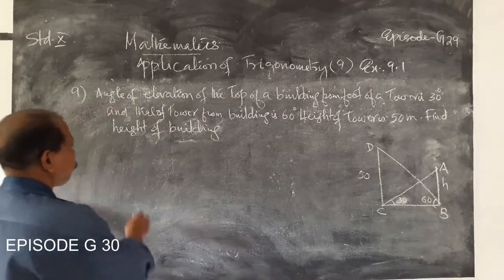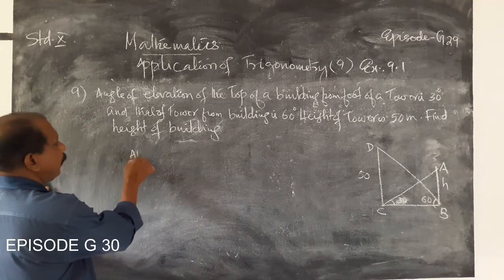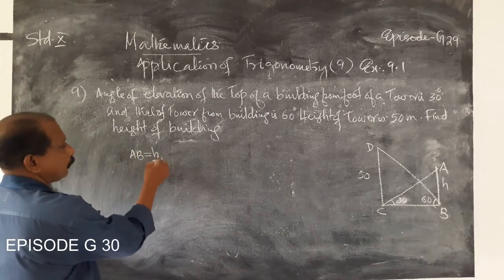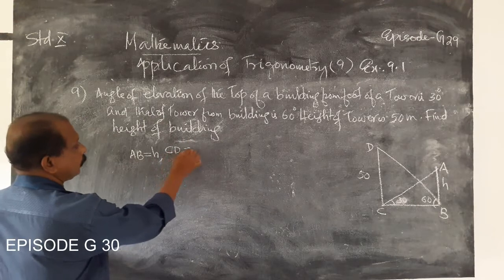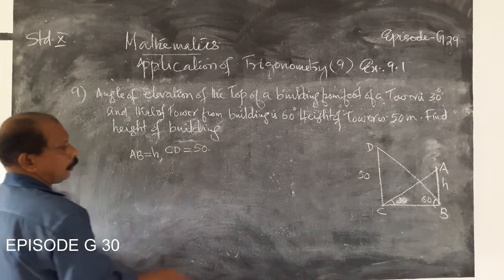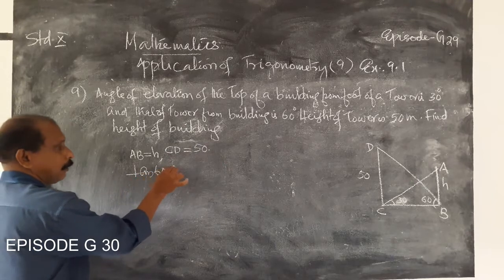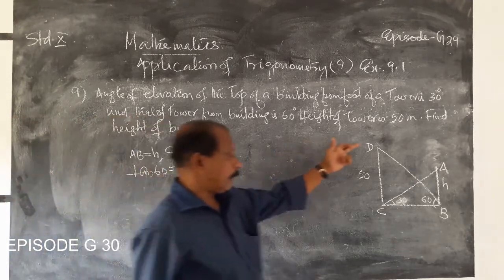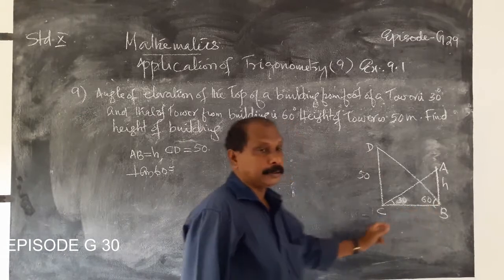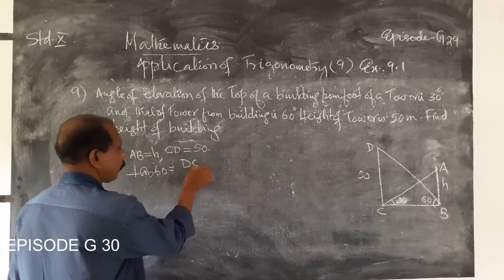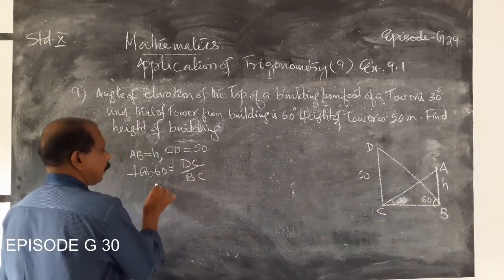That means AB is equal to H, CD is equal to 50. They are given. Using the first, tan 60 is equal to opposite side DC by adjacent side BC. What is tan 60?